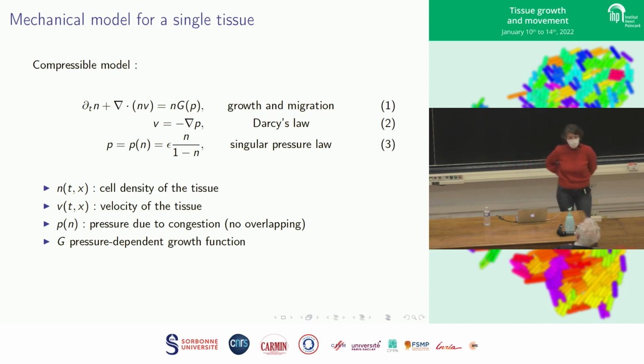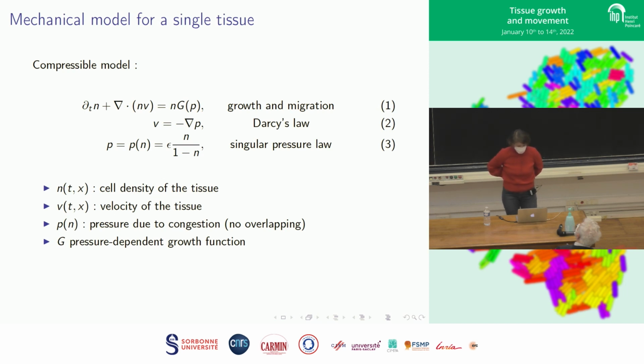So we call n(t,x) the cell density, t is the time, x is the space. v(t,x) will be the velocity of my tissue. And I have this first equation that is just the equation of evolution of n. There is migration with the velocity v of the tissue, and some growth with rate G(p).